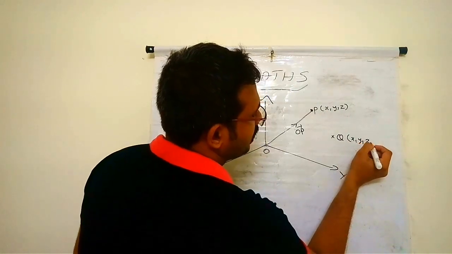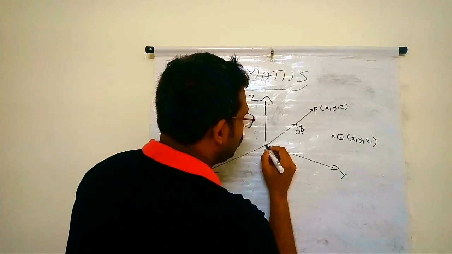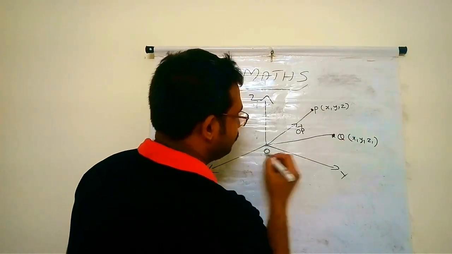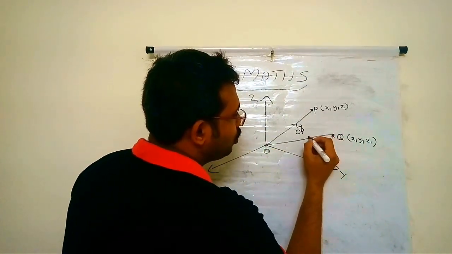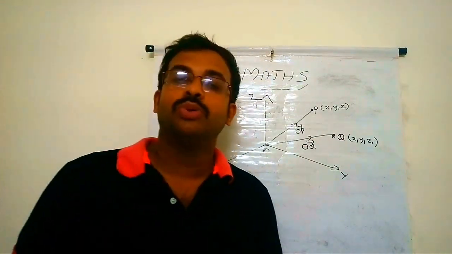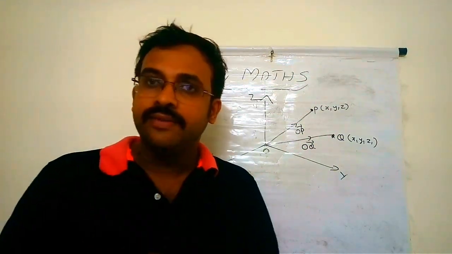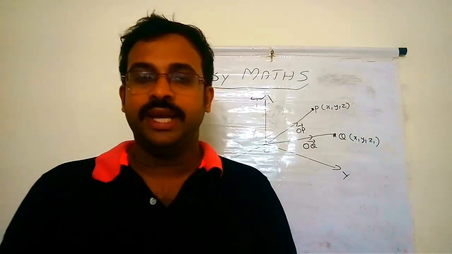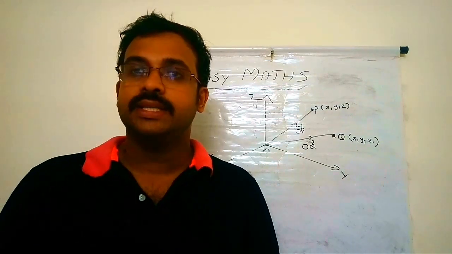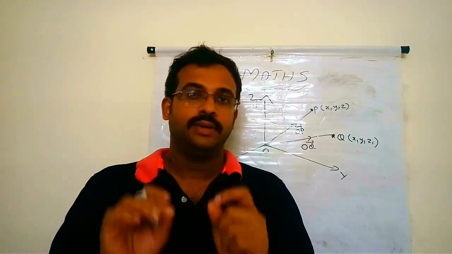How can we consider the position vector of Q? You connect Q with the origin, then OQ bar represents the position vector of that point.